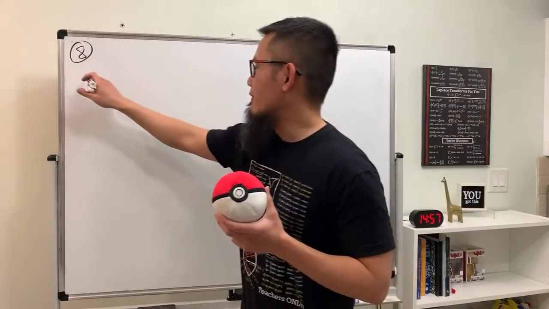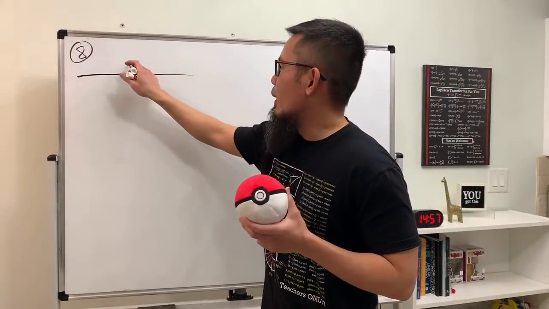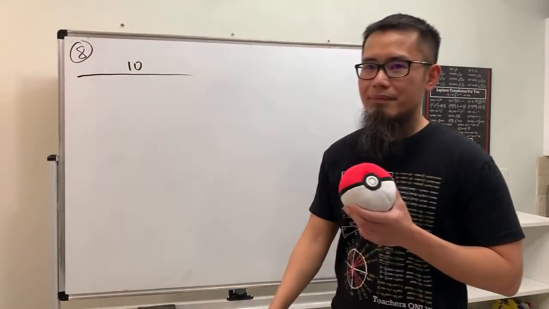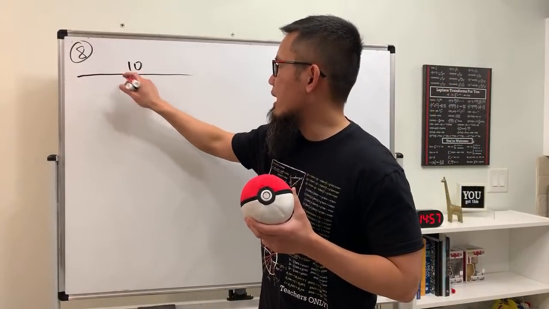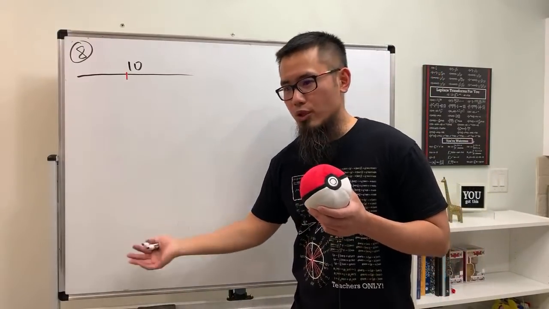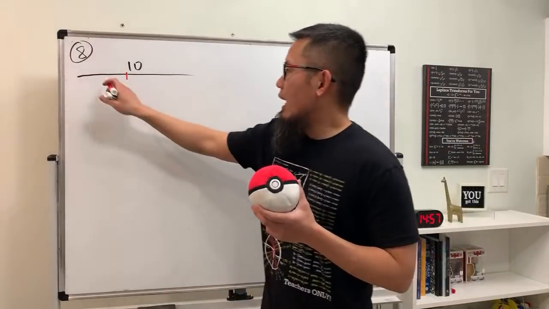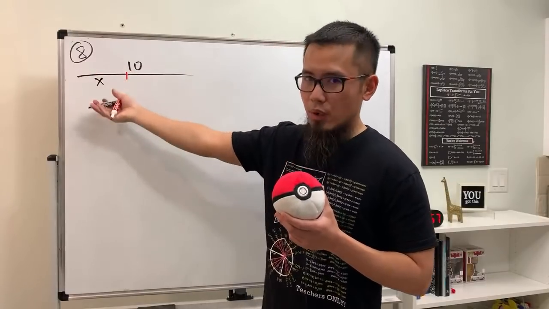So here's the picture, very easy. Altogether is 10. And then we're actually going to make a cut. And because I want to follow my format, like what you know and what we want to know, I will just purposely say, I don't know how long this is, I will call that x.